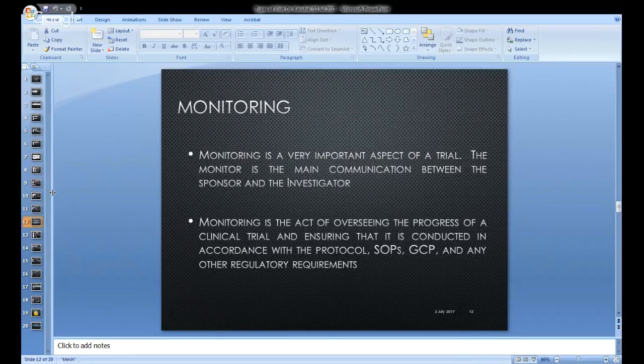Monitoring is an act of overseeing the process of a clinical trial and ensuring that it is conducted in accordance with protocol, SOPs, GCP, and any other regulatory requirement. So again, when we talk about monitoring, it's nothing but a quality check done for the conduct of a trial.